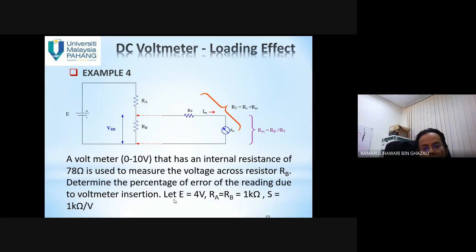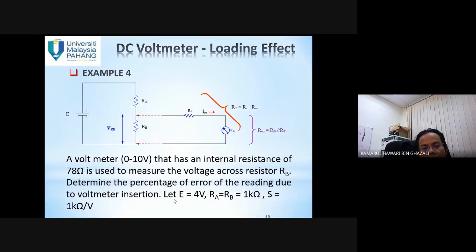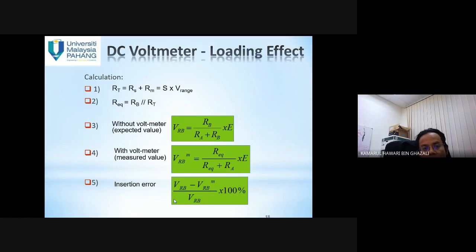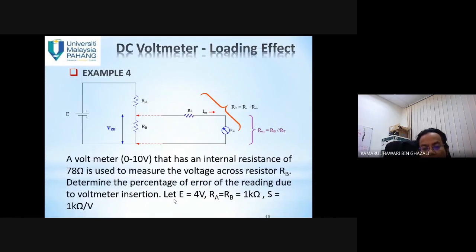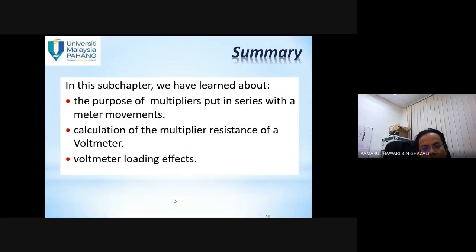Let E equal 4 volt, RE equals Rb equals 1 kilo ohm, S equals 1 kilo ohm per volt. You can refer back to this equation to solve example 4. You can try by yourself. The same goes for example 5. You have all the answers there.